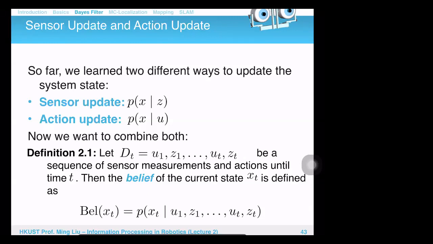Again, this xt is not the random variable, it is the value. If I choose the small xt as my target analysis objective, I want the probability distribution of xt given all my previous observations and controls. What is important is the present time t, and that's known as a belief. So you have belief of xt is the probability of xt given u, z, etc.